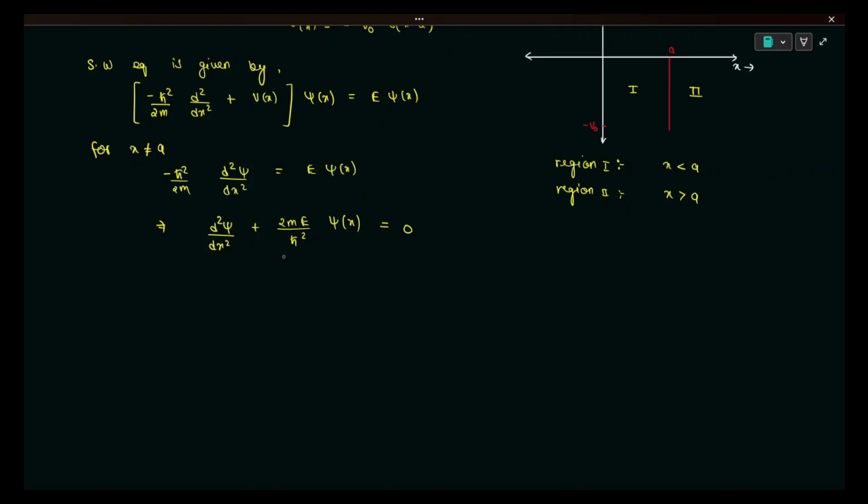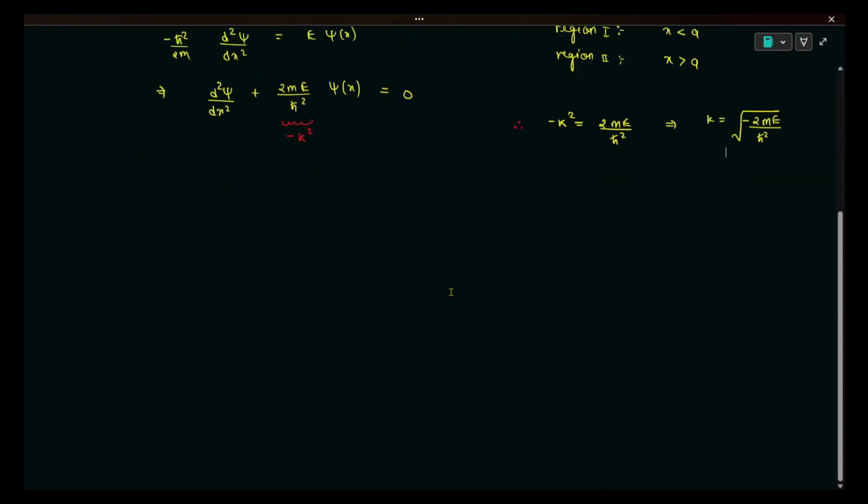Let me call this particular thing minus k square. Therefore minus k square will be equal to 2mE divided by h cut square, and k is the square root of minus 2mE divided by h cut square.